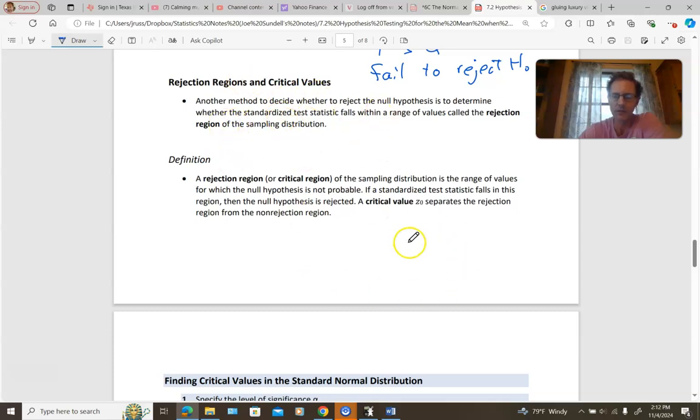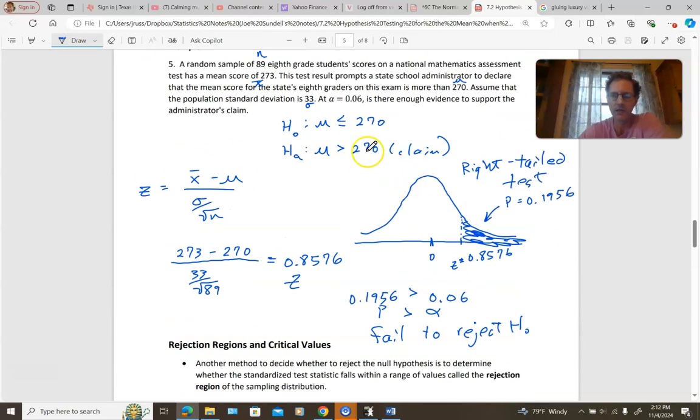What we'll be doing in the next segment is looking at alpha, and depending on if it's a left-tailed, right-tailed, or two-tailed test, we figure out what z-scores would be associated with alpha.